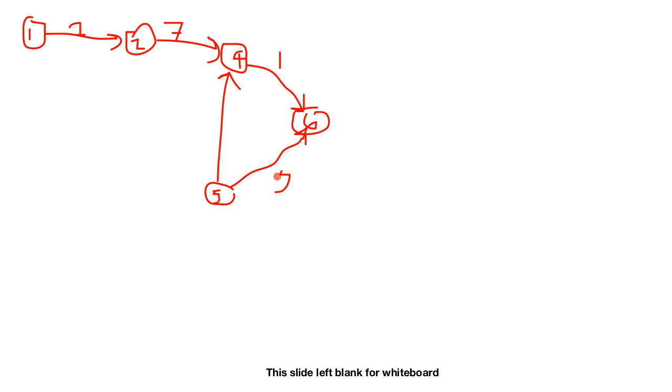Then this is 5, if I can remember. So this is 2. Then we have 3, which is supposed to move to this. Then we have that, which is 3, which is 1.